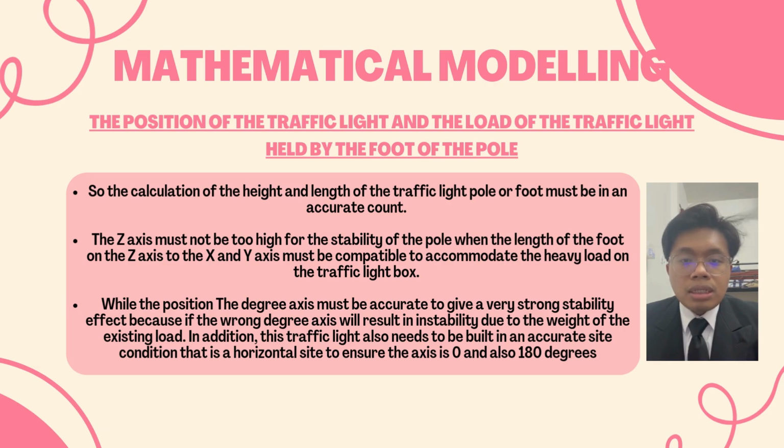While the position of the degree axis must be accurate to give a very strong stability effect, because a wrong degree axis will result in instability due to the weight of the existing load.